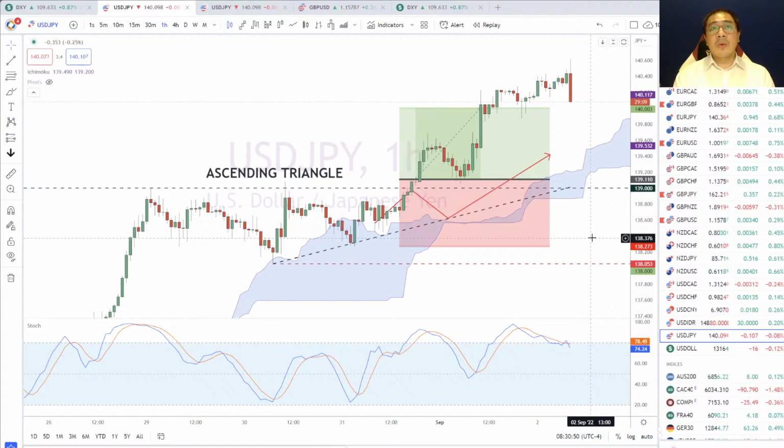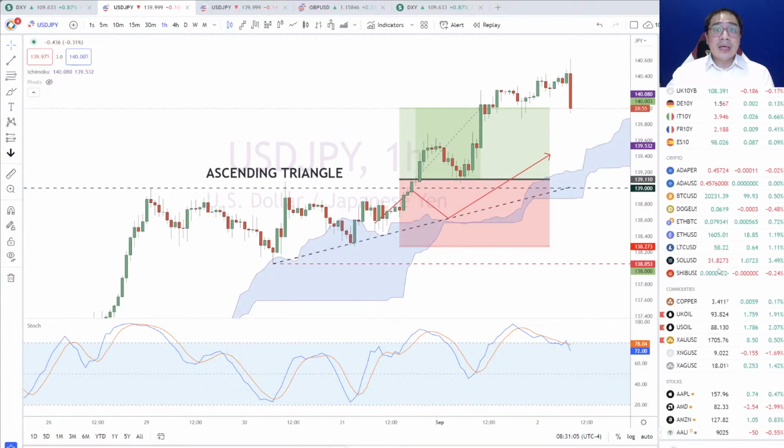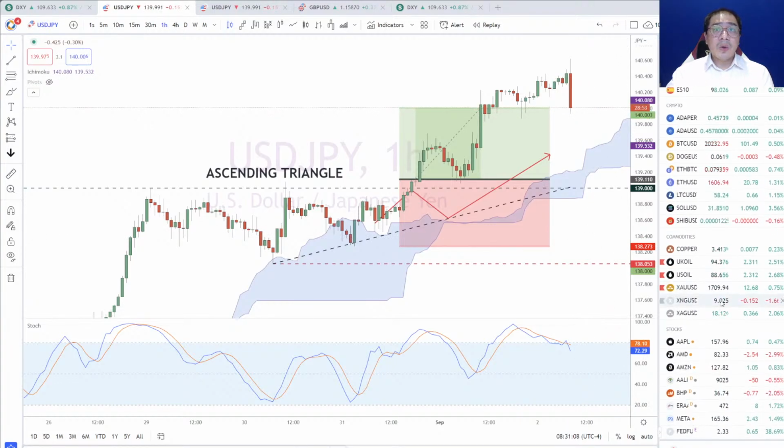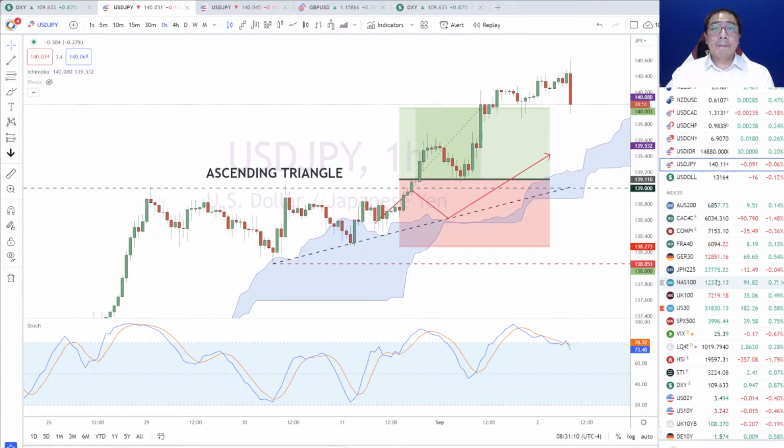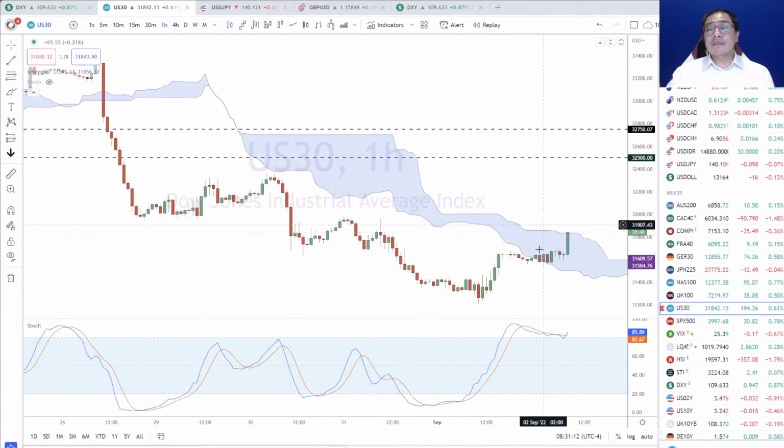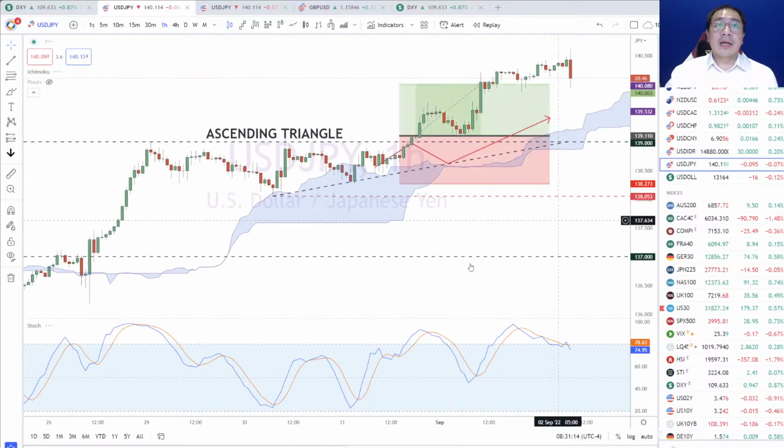So that's not boding well for the FOMC. They might consider slowing down the pace of rate hikes. I don't know, but the market is definitely taking that as dollar weakness. If I go on to the US 30 and the S&P or gold, it should be pushing up. Yeah. Okay. So that's done.